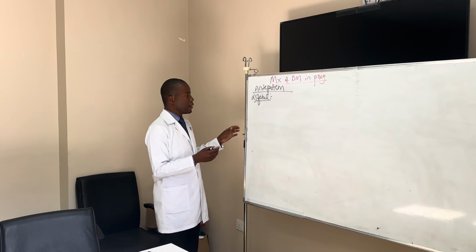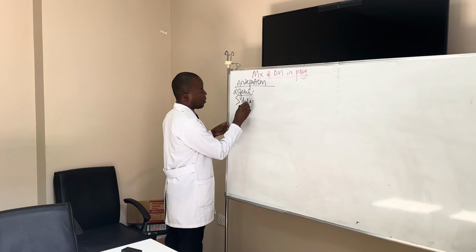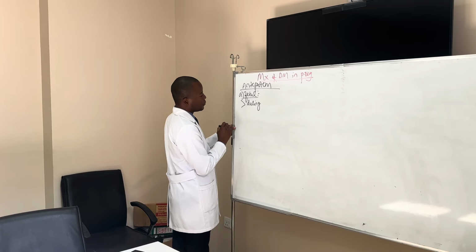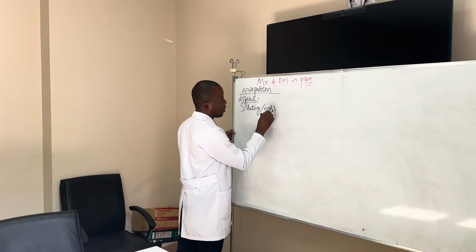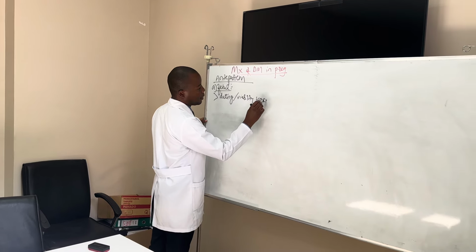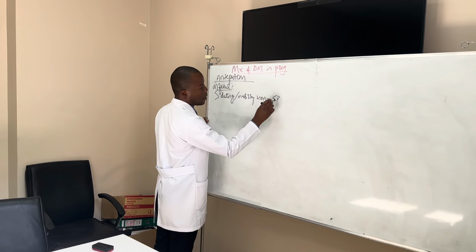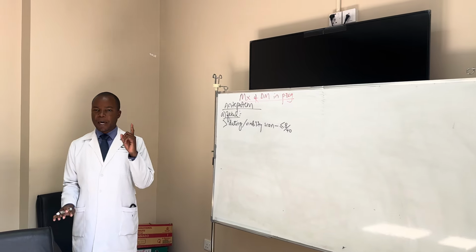So the first thing that you are going to do for the fetus is a dating and viability scan. This one should be done at 8 weeks or less. Very, very important.